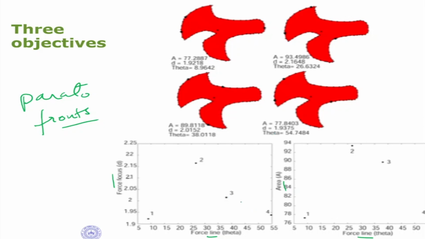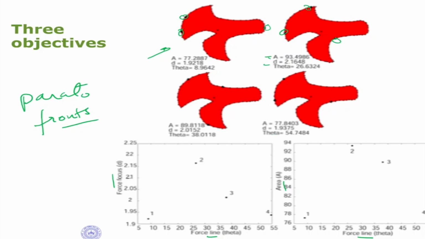In this particular case, we are seeing the cases 1, 2, 3, 4, which are indicated here. In one, we place the fingers here, here, and there. In another case, I place them here, here, and here. These are all optimal solutions depending on which weightage has a higher value, A or D or theta. You can choose, but they're all optimal solutions. In such cases, you cannot talk about which is the best solution, because this is multi-objective.